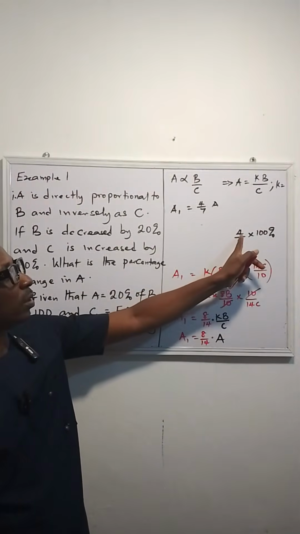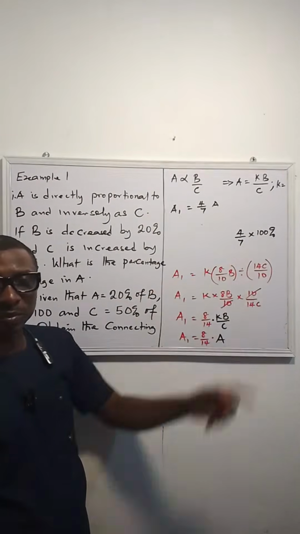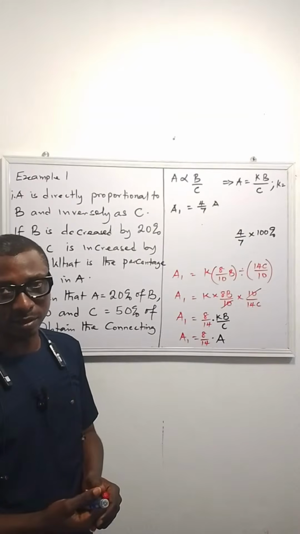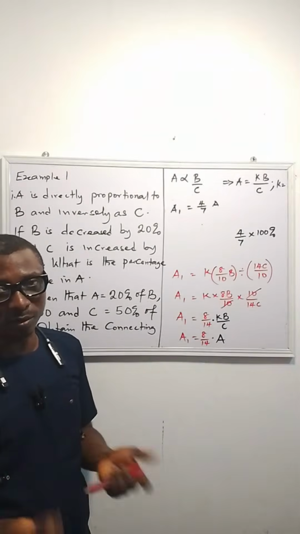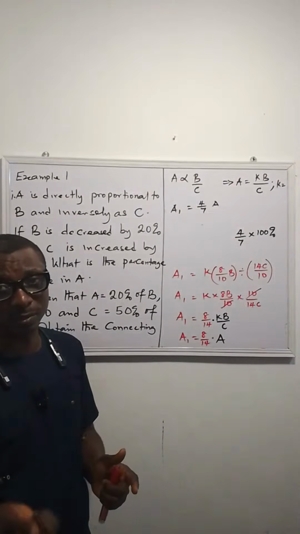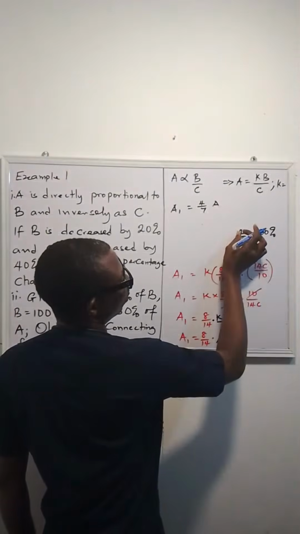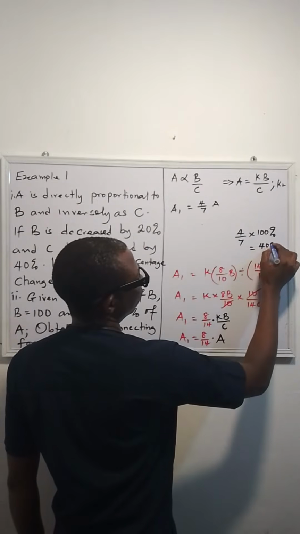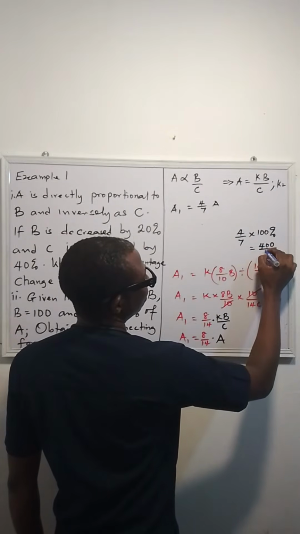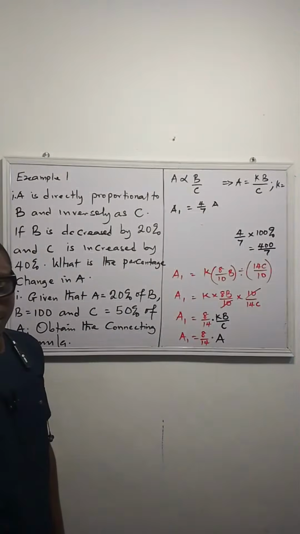Now 4/7 times 100% is still the same thing as 4/7 because 100% is 1. 100% means 100/100, and that is the same thing as 1. So let's use this to multiply this. When you do that, you are going to have 400/7.